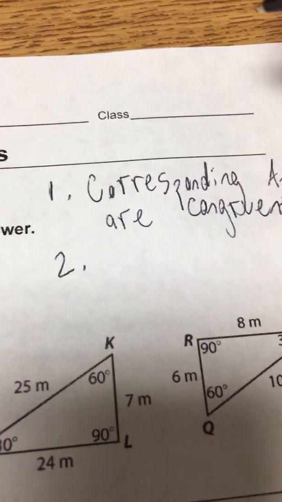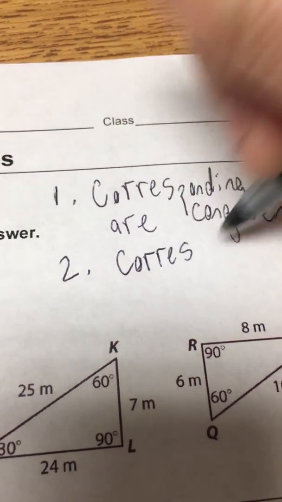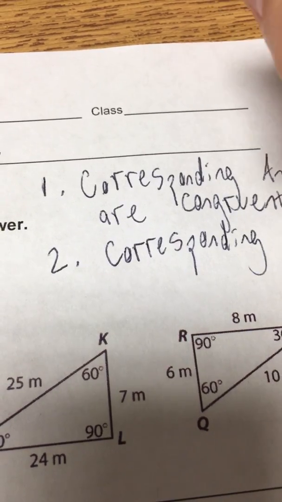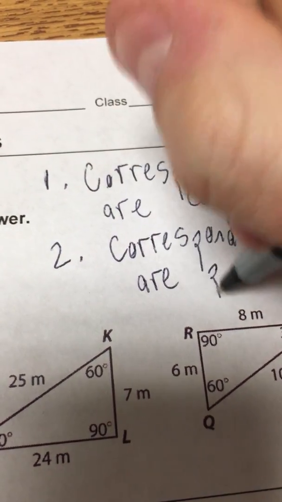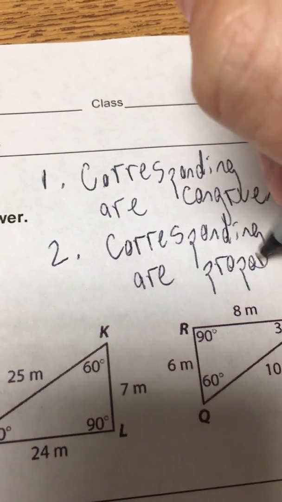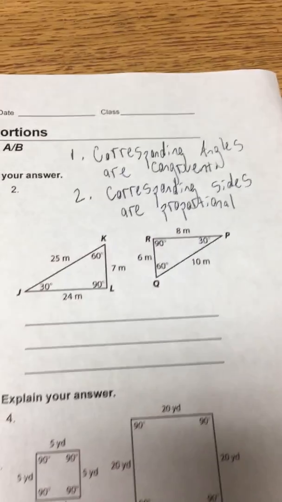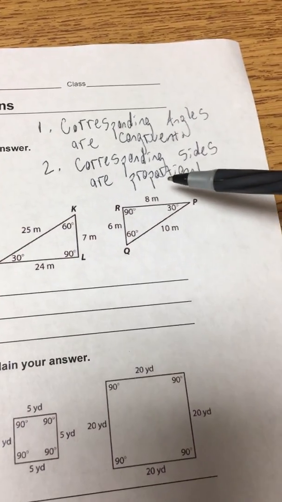The second thing we need to take into account is that corresponding sides are proportional. Okay, so how we determine similarity again is that corresponding angles are congruent and that corresponding sides are proportional.